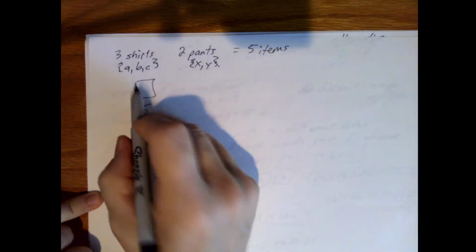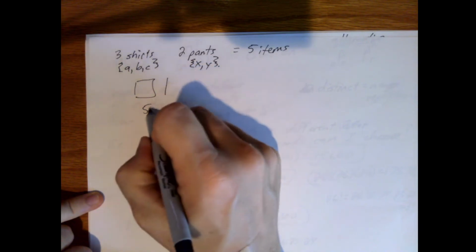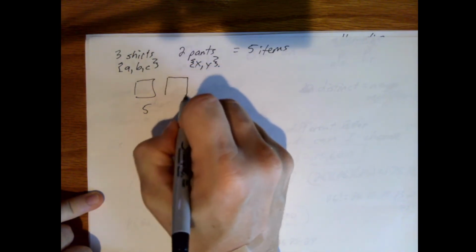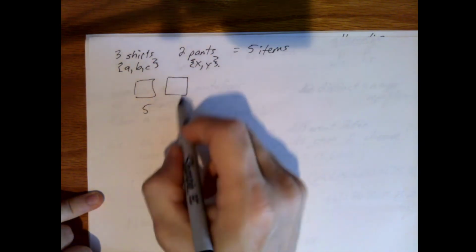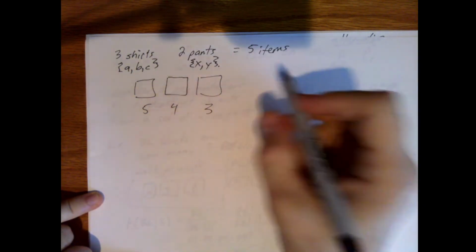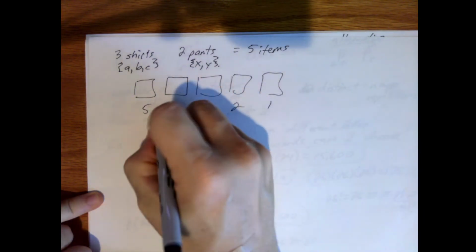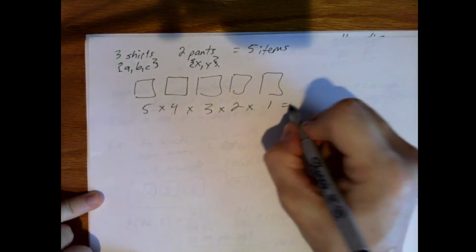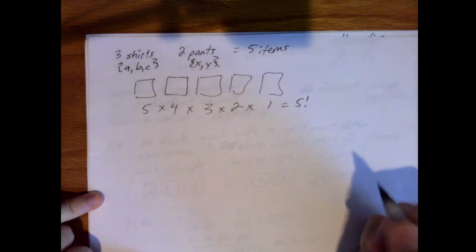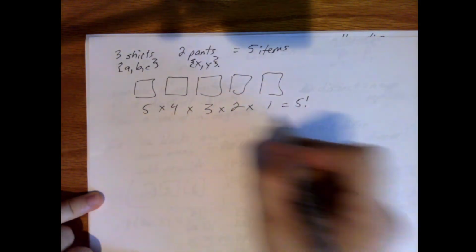I have a shirt, a pair of pants, a different shirt, whatever. For each of these, I have 4 other things I can hang up. For each of those, I have 3 things, and so forth. All right? So this right here is our 5 factorial. Right? So this, I would say, is the multiplication principle.